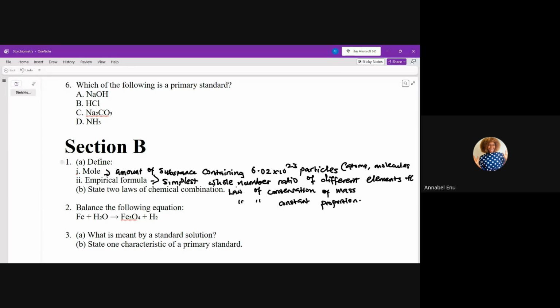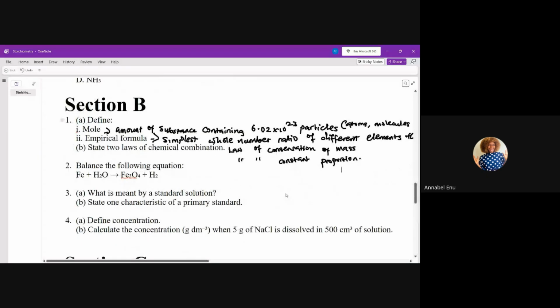Now in balancing, we're asked here to balance the equation. One of the rules in balancing a chemical equation is you don't change the subscript. You can only add to the coefficient. The coefficient is the big number that stands in front of every element, like this 2, for example.